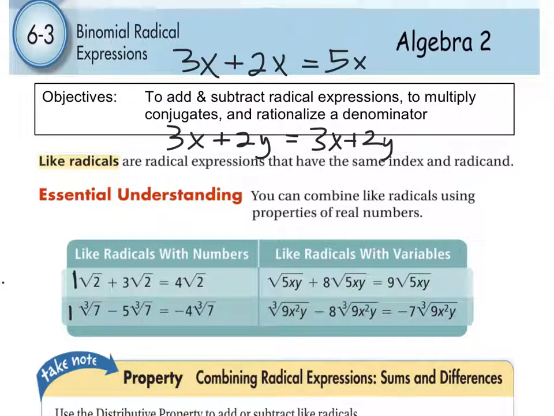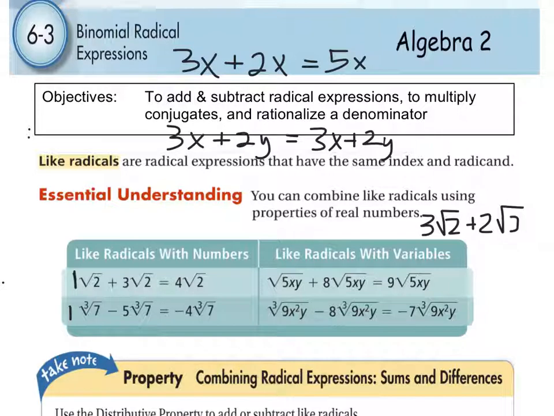Now, what happens if I have, in this case, 3 square root of 2 plus 2 square root of 3? As I'm looking at this example, the square root of 3 and the square root of 2, the indexes are the same, but the numbers underneath are not.